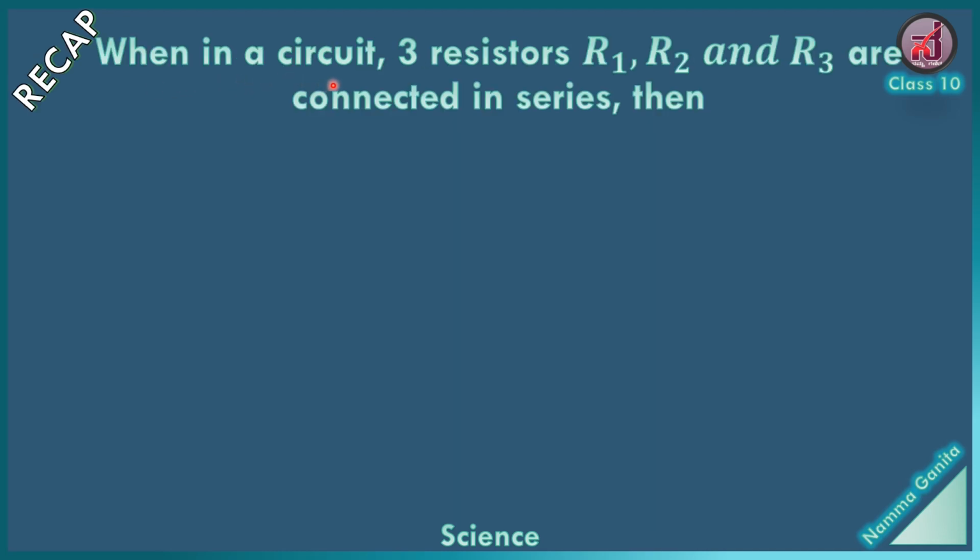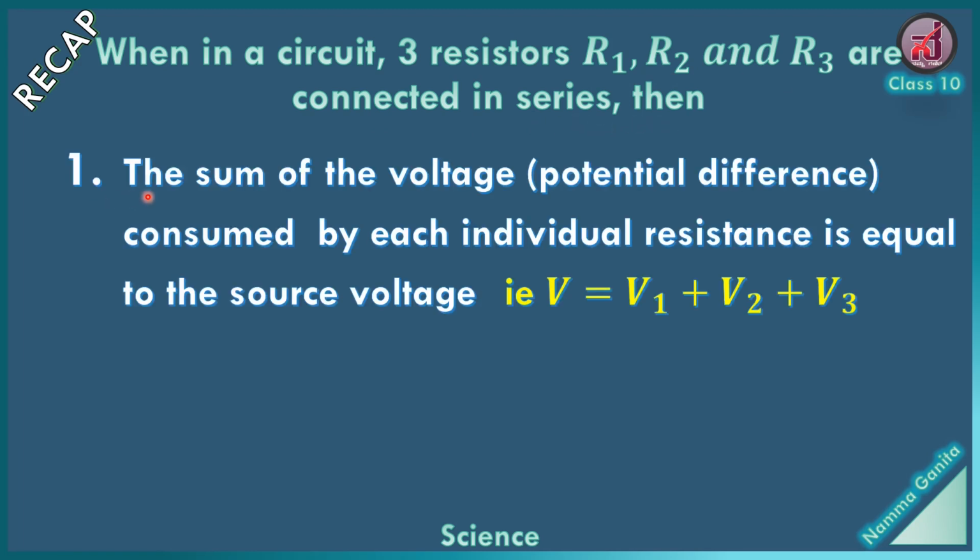When in a circuit, three resistors R1, R2 and R3 are connected in series, then first point, the sum of the voltage or potential difference consumed by each individual resistance is equal to the source voltage, that is V is equal to V1 plus V2 plus V3.